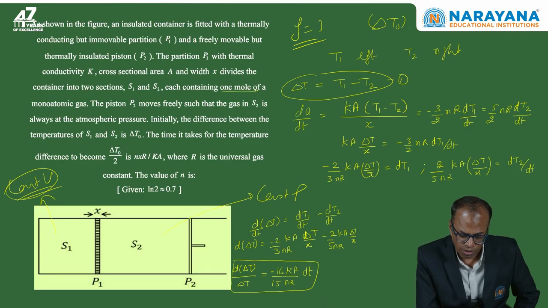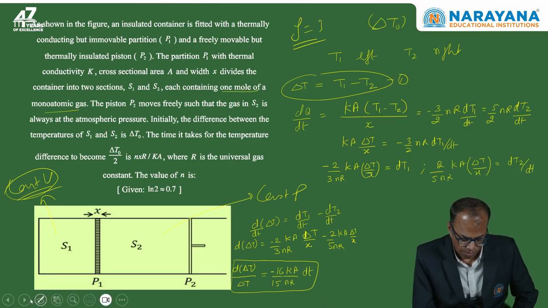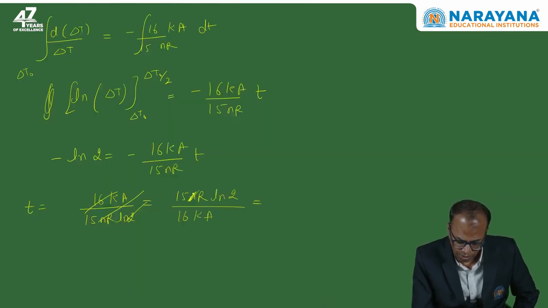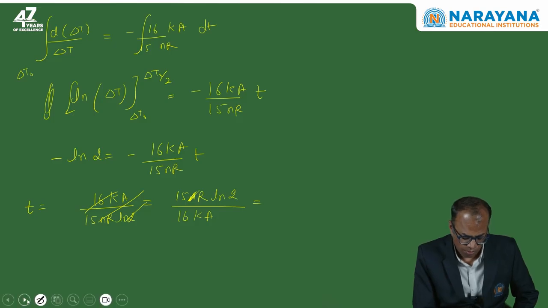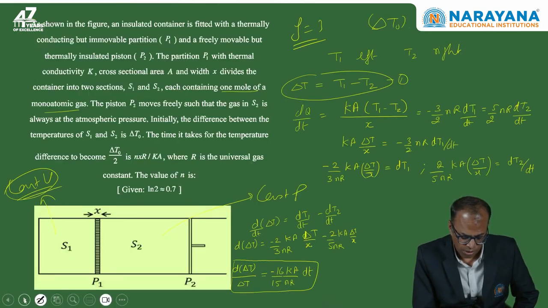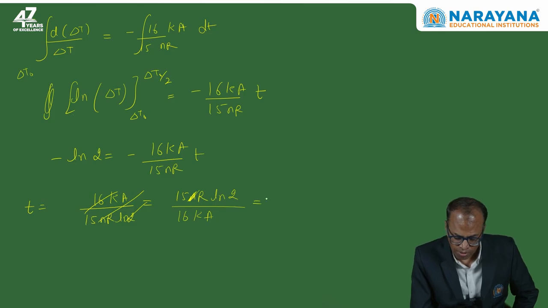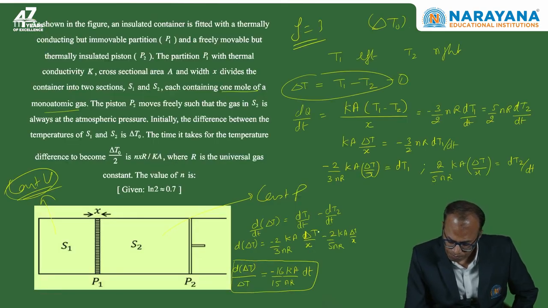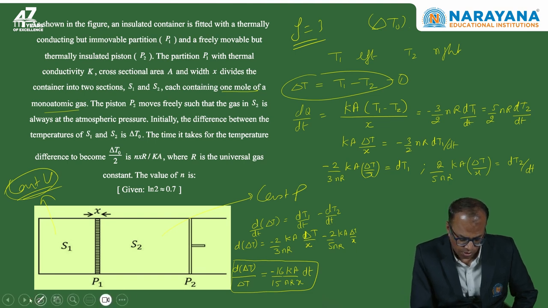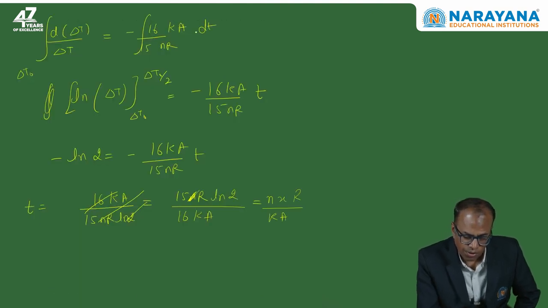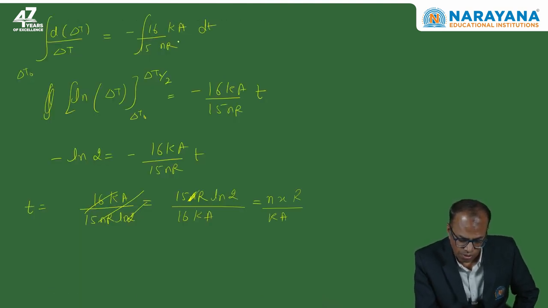That n is 1. So let me put that n as 1. And then I have to compare this with n x r by Ka. I am missing one x also. Delta T by x, so Ka by x. x was there always.